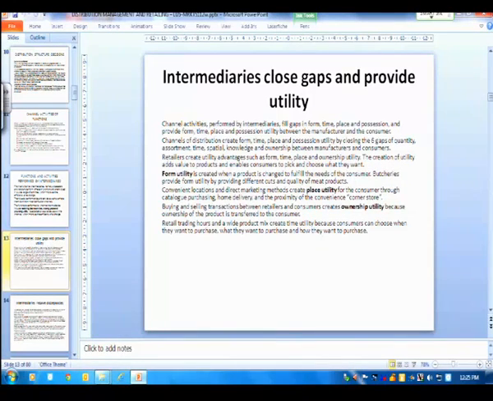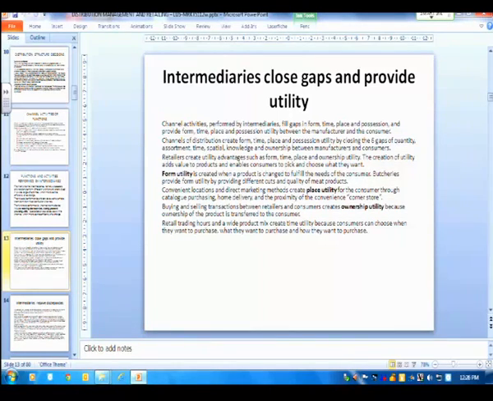Intermediaries close gaps and provide utility. Now, we are saying that channel activities performed by intermediaries fill gaps in form, time, place, and possession, and provide form, time, place, and possession utility between the manufacturer and the consumer.